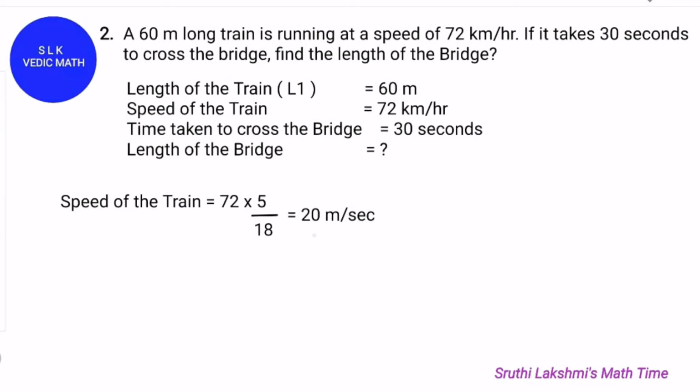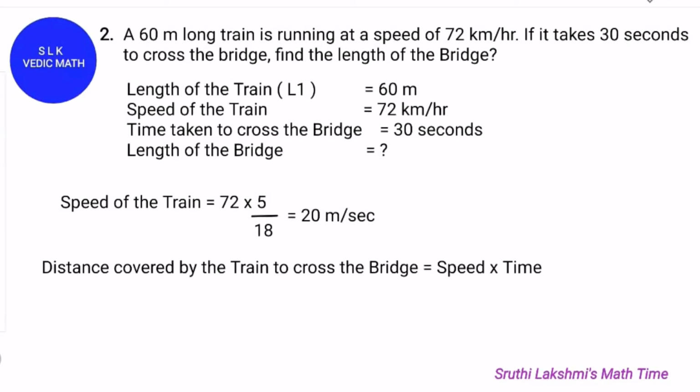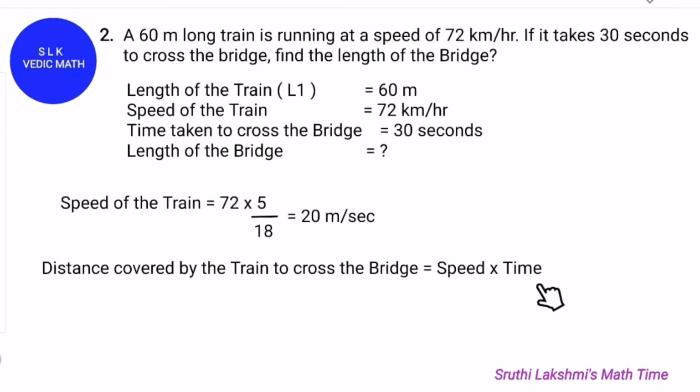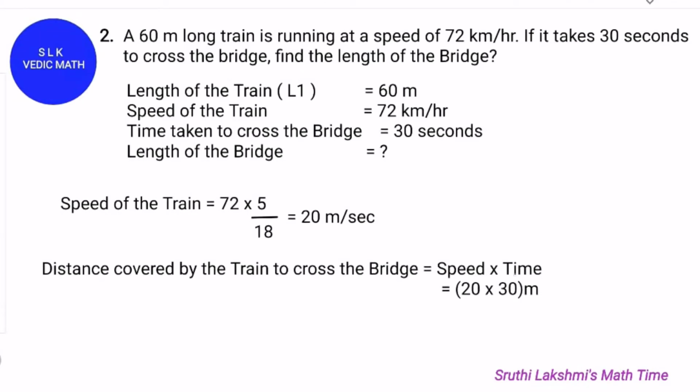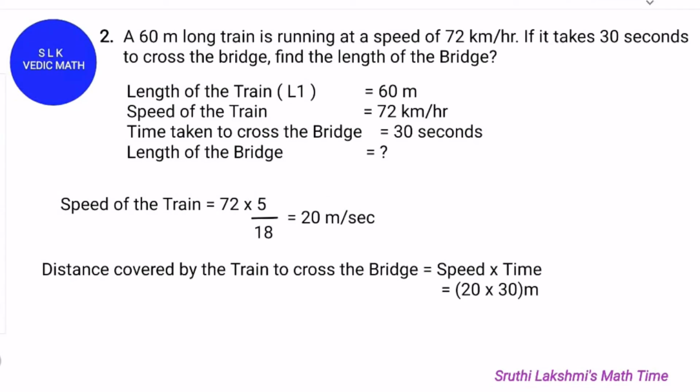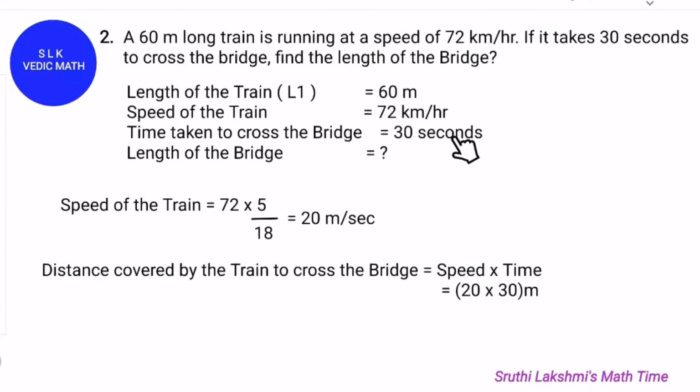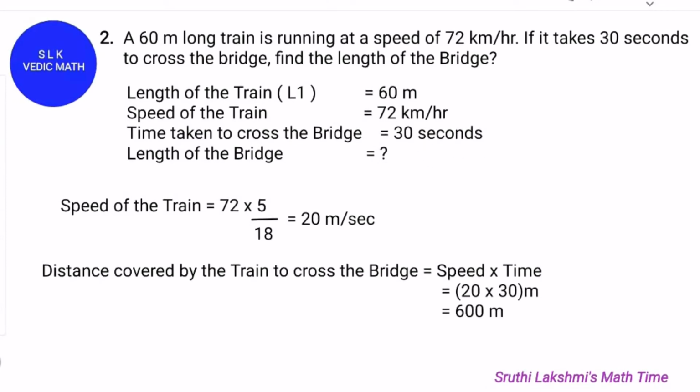So the speed of the train is 20 meters per second. Now, distance is speed into time. So the speed is 20 meters per second, and the time it takes for the train to cross the bridge is 30 seconds. So we do 20 into 30, which is 600 meters.